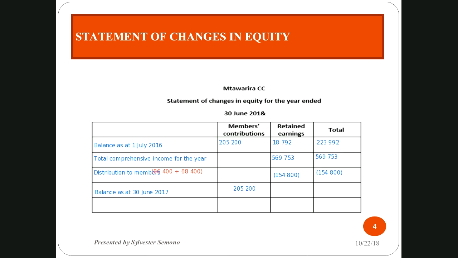So 18,792 plus 569,753 minus 154,800. How much do we get? Thank you very much for that. And then the same applies to the total. We do the same thing.